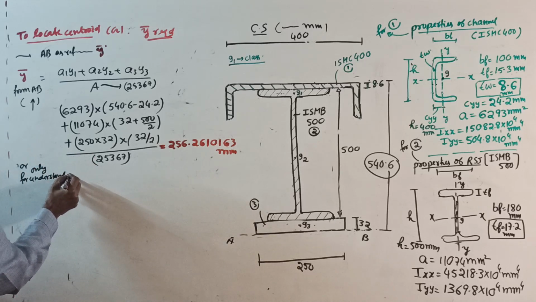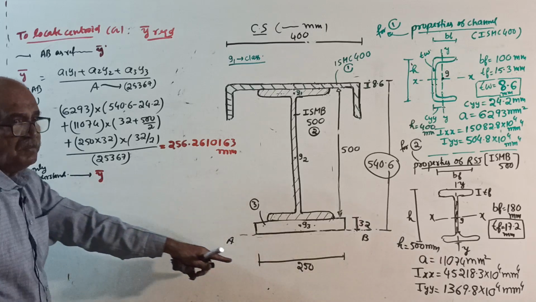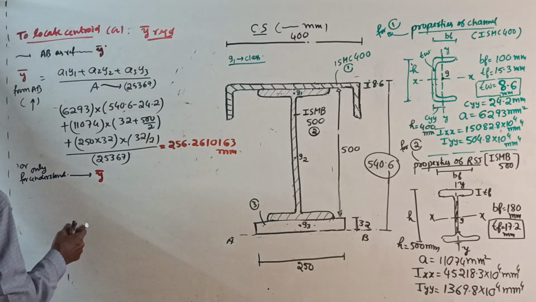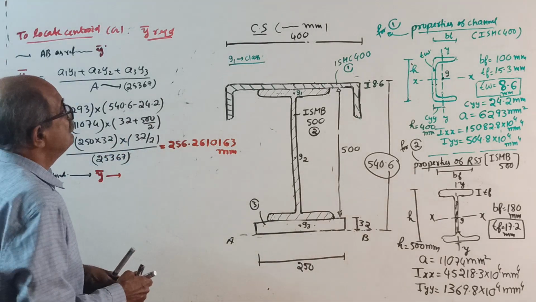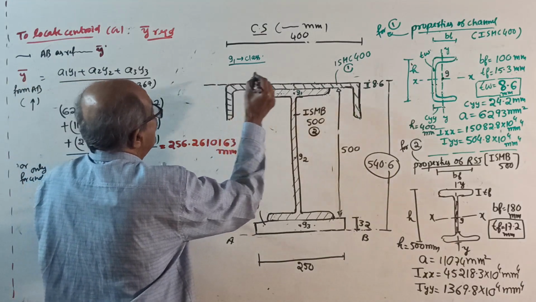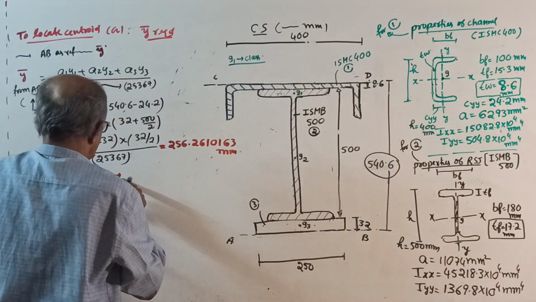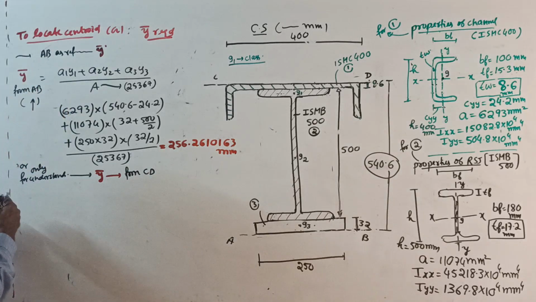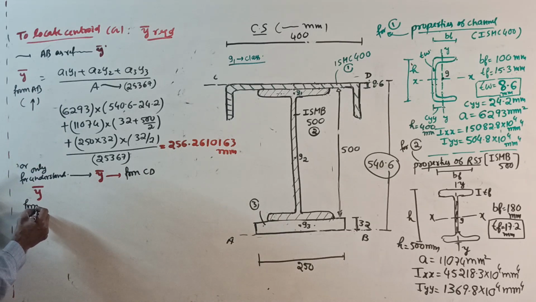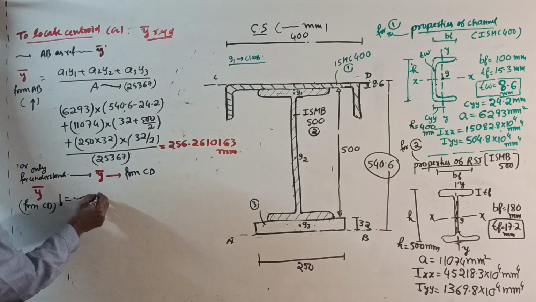Right here, instead of finding Y bar from bottom edge, if we find Y bar from top edge, give some name. For example, CD. Instead of AB, you call this top edge CD. Suppose you find Y bar from CD, then the formula for Y bar from CD, downside, is the same.